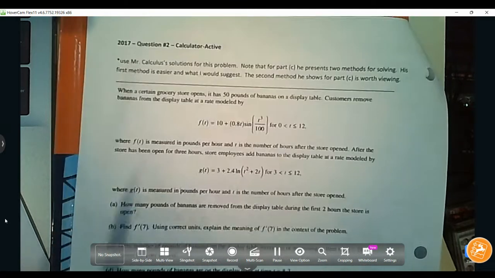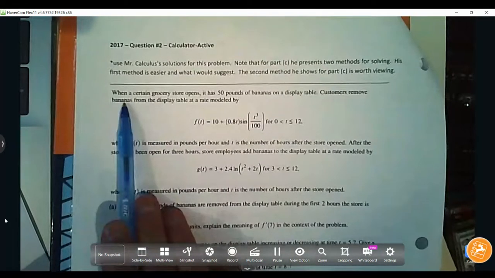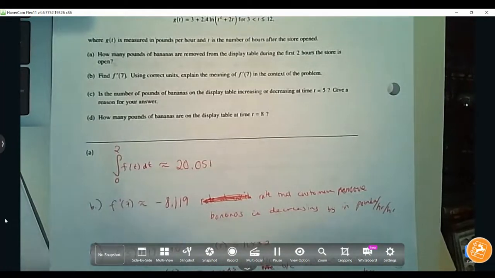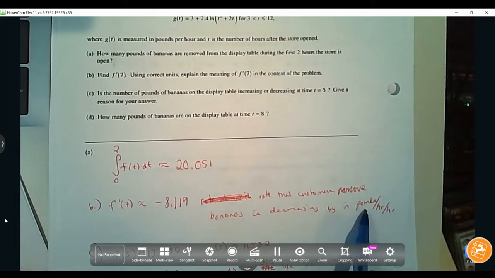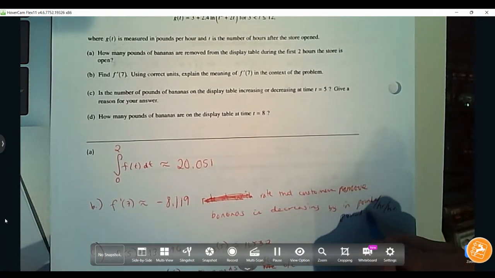And since F is the rate at which customers remove bananas, you could also say it's the rate at which the rate that the customers remove bananas is changing. That would also work. And to get the units, again, this is very awkward. So it's pounds per hour squared if you want.